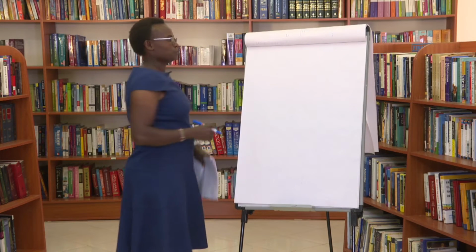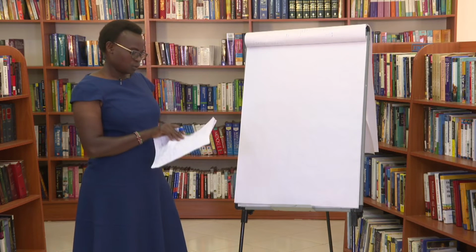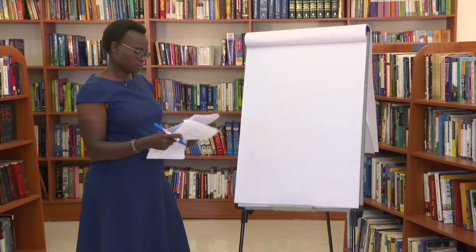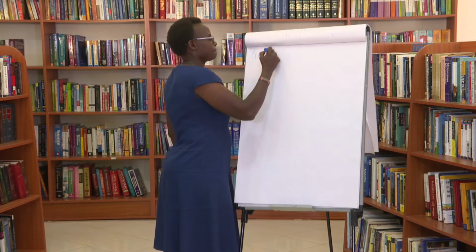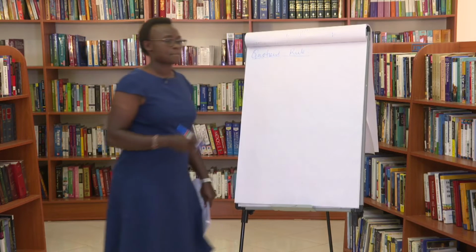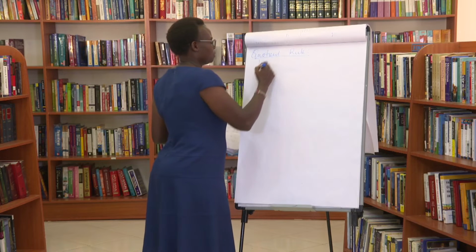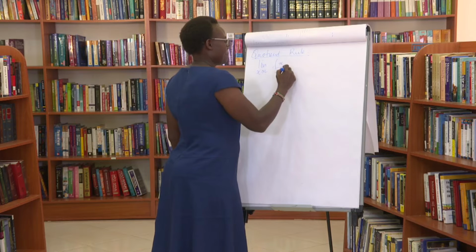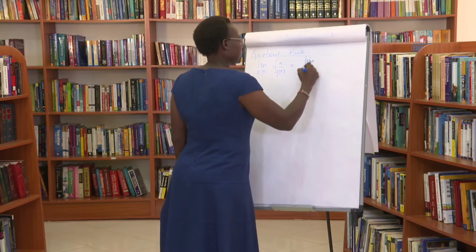Then we go to the next rule, so the quotient rule. And for the quotient rule, this is where you're supposed to get the limit of a quotient as x tends towards c of f of x over g of x, and this is the same as getting the limit of each function as x tends towards c.